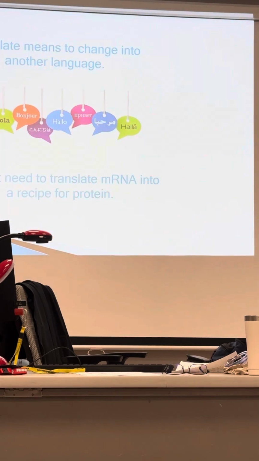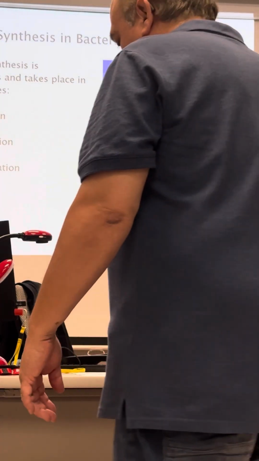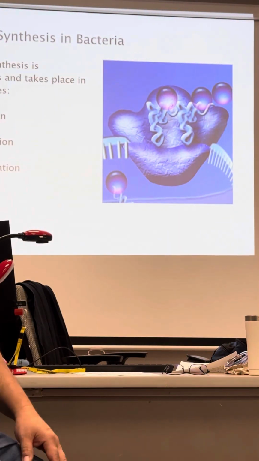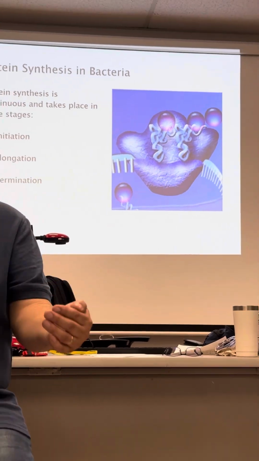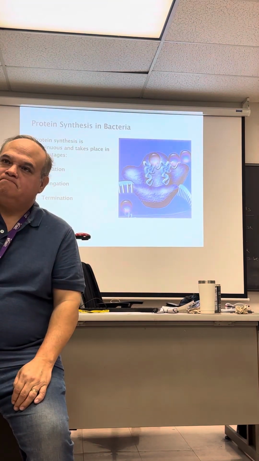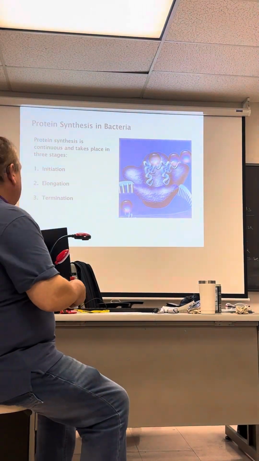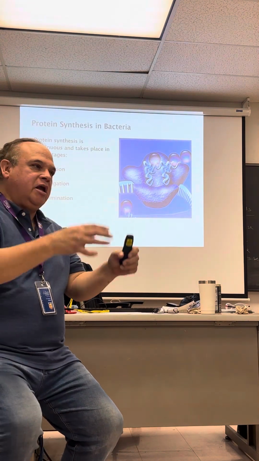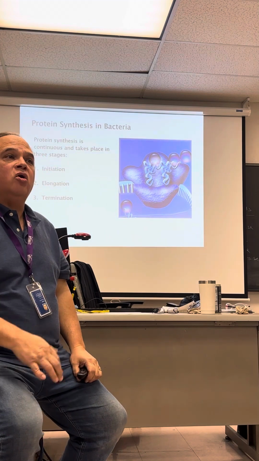Protein synthesis happens in 3 steps: an initiation, an elongation, and a termination. The initiation is what starts protein synthesis, and that initiation sequence is what we call a start codon.